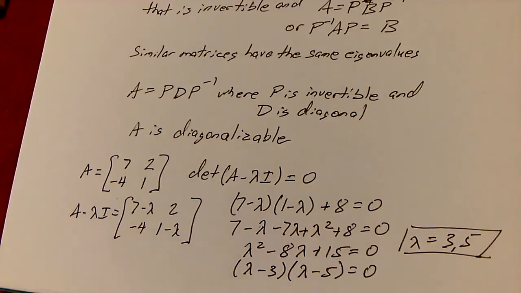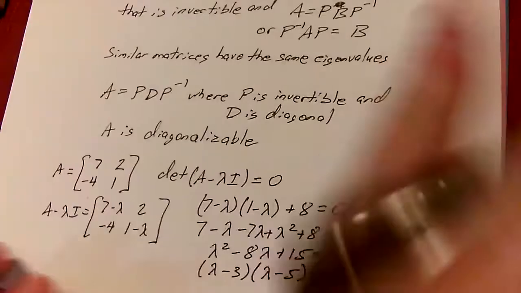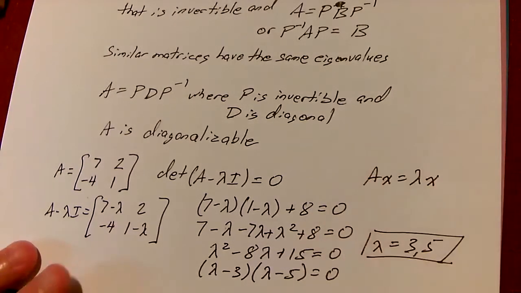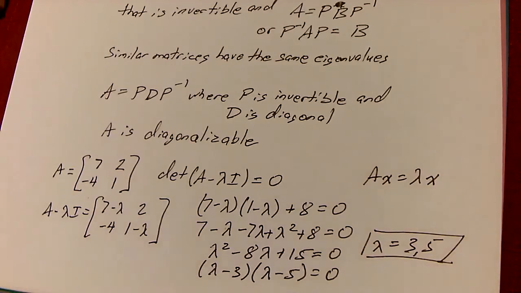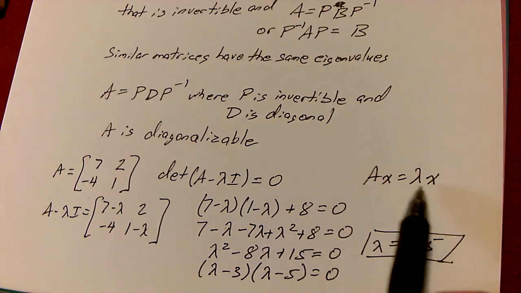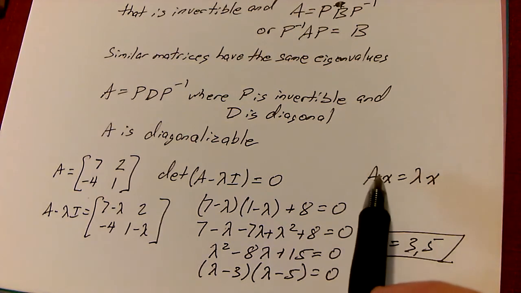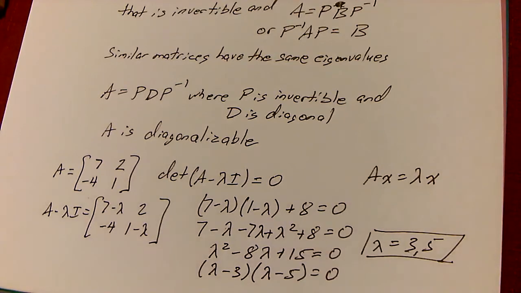Now, knowing what we know about an eigenvalue, we know an eigenvalue means that AX equals lambda x. So if I multiply lambda and x, I'm going to get AX. And what is AX? AX is a product of matrices.